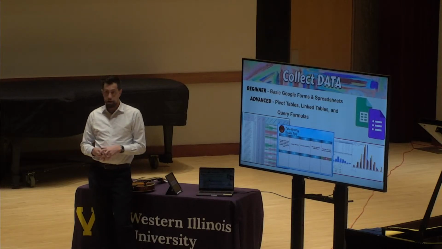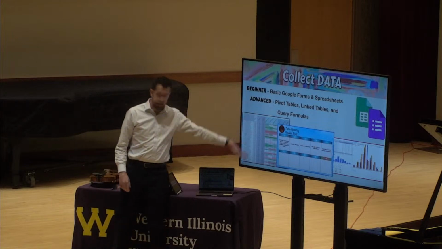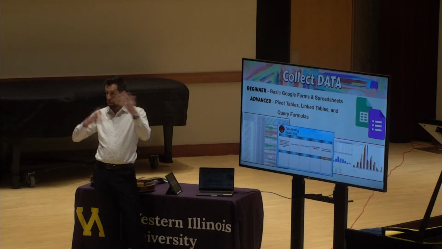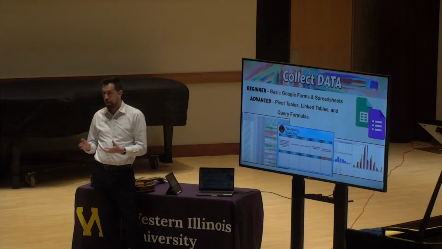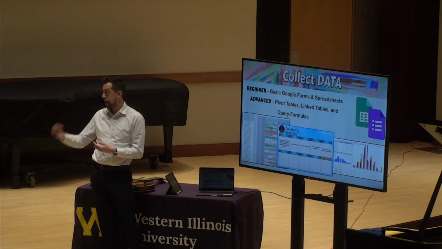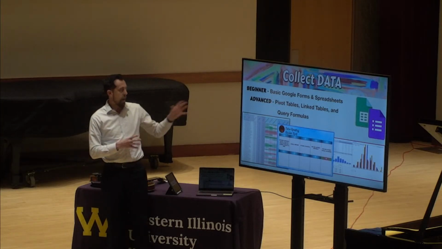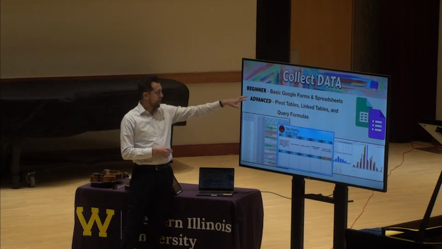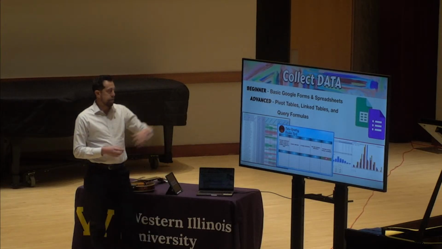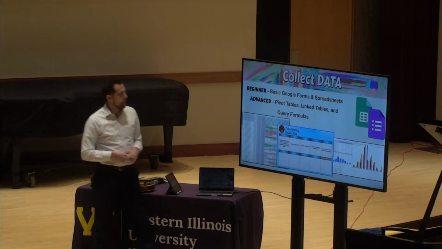Again, a 14-year-old doesn't want to look at a huge database. They want to say, hey, can you boil this down into something that I can understand? Who are the runners I need to catch? What time do I need to hit? So I learned a lot of those tricks, and there's some that are very beginner level, but there's a lot that are more advanced and take a little bit of time to figure out.